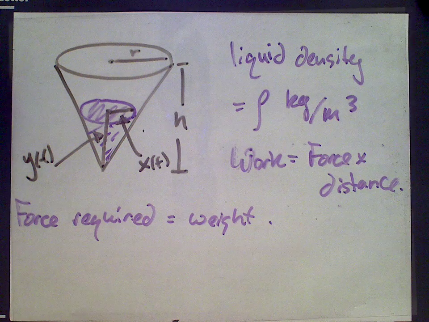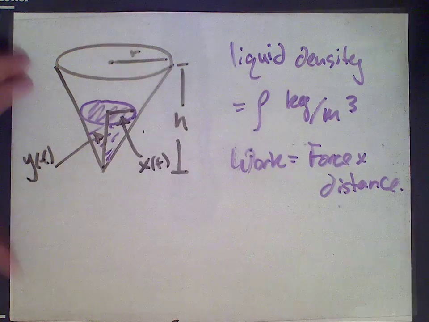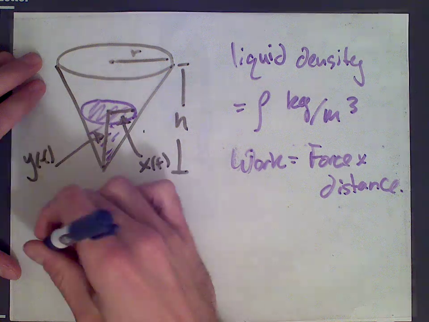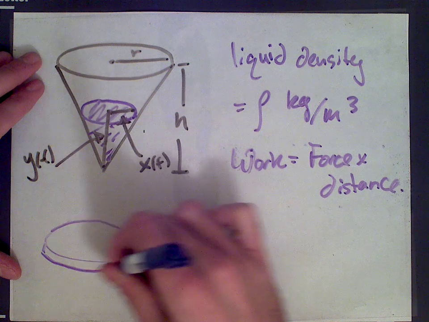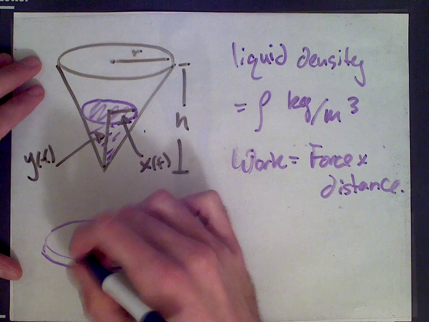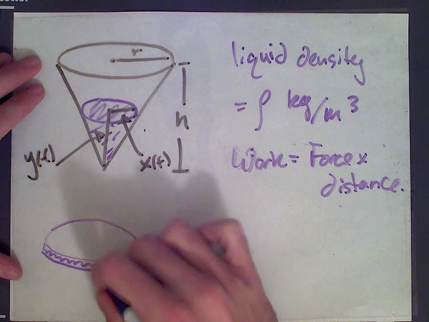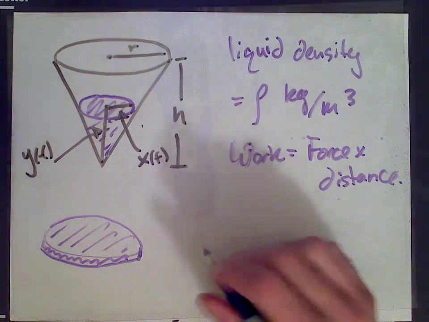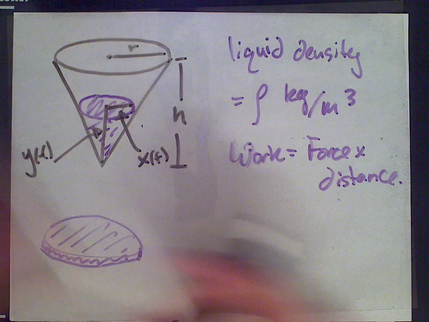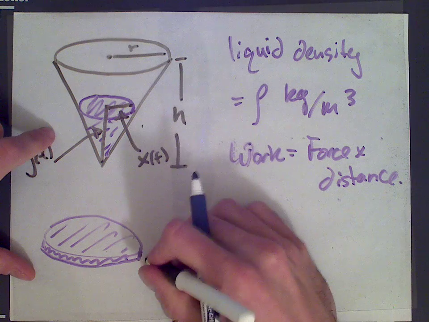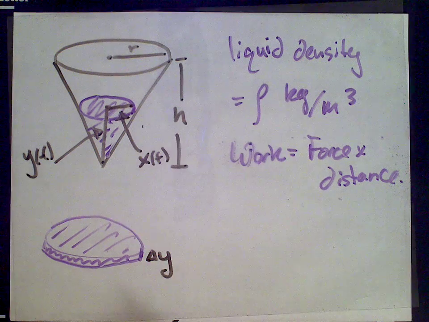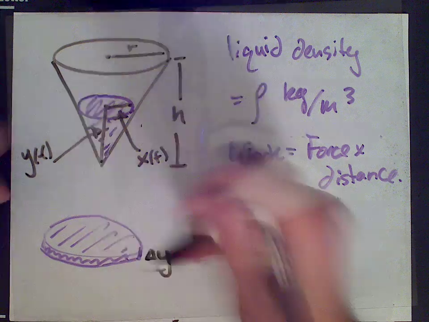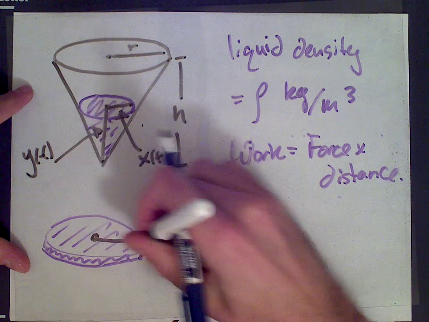Let's take a look. If we take a cross section of water, it'll form a disk. We want to find the volume, and therefore, given the density, we can get the mass of a small slice of this water. Delta y will be the small change in height, and x will be the radius at time t.